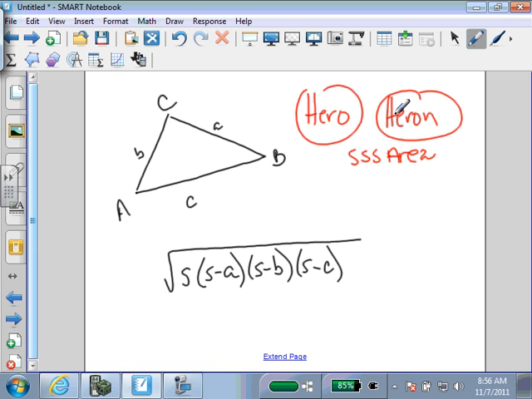So if I know all three sides of a triangle, the formula says I can take the square root of S times S minus side A times S minus side B times S minus side C. And you might be wondering what S is. S is something called the semi-perimeter. That's half of the perimeter.